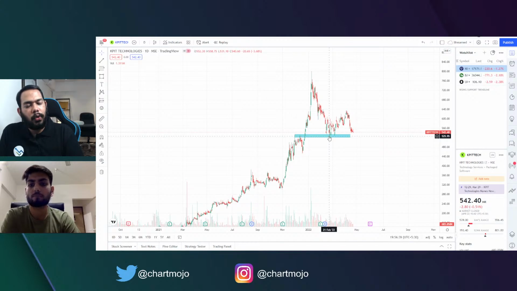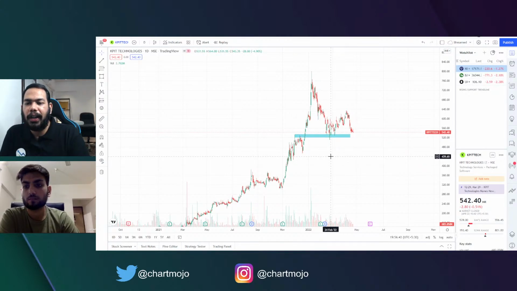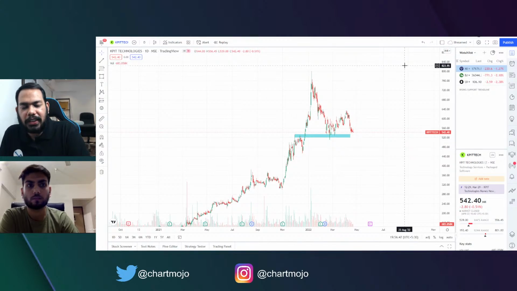If we see the stock going below the 500 level, then the stock could touch 400 as well. If you're in this trade for trading purposes, then your SL is just below the 500 level, and if that level is taken out, just exit. Otherwise, a fresh long should only be taken above this swing, the recent high which is above.